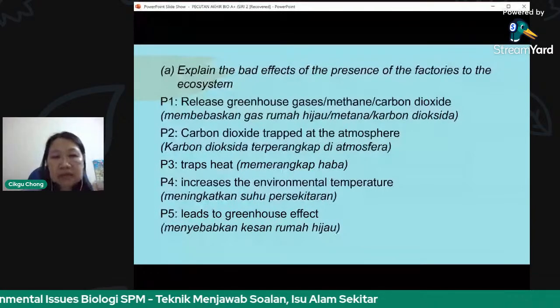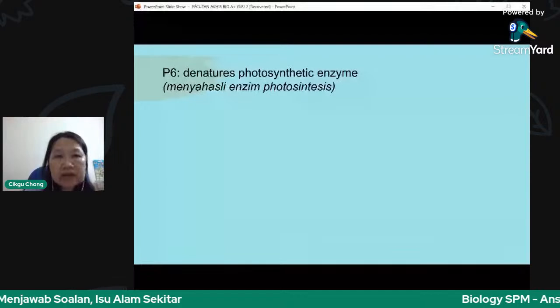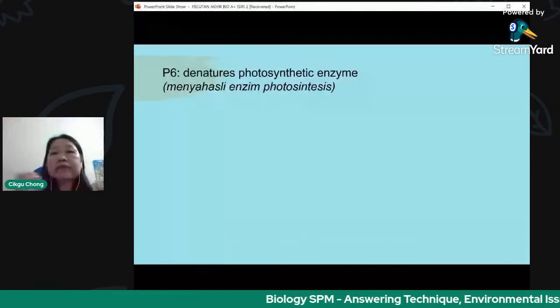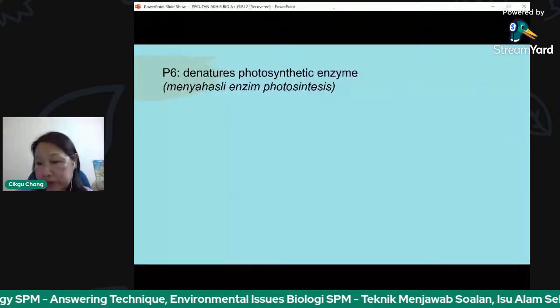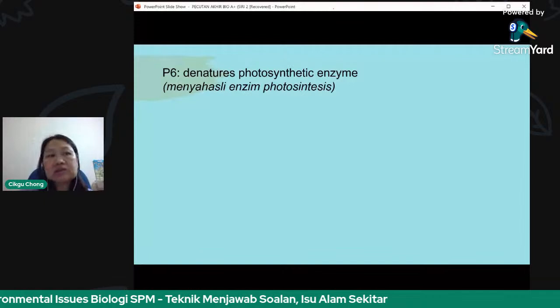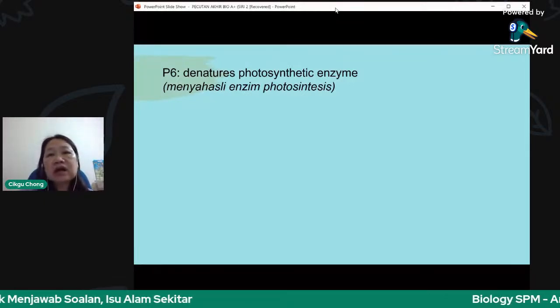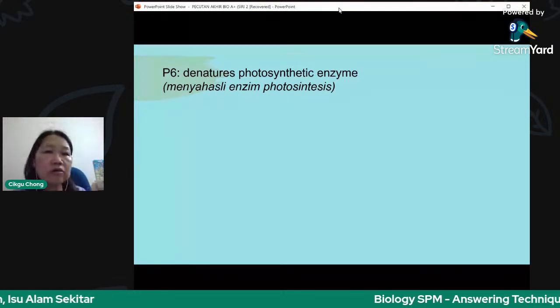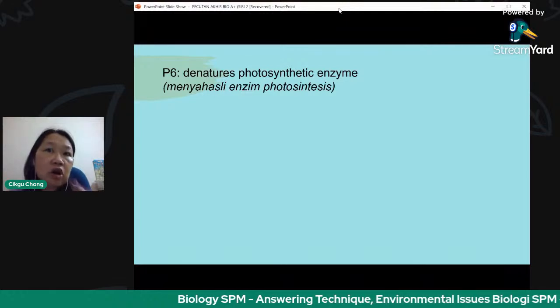Right. Next one. Denatured photosynthetic enzymes. So because of the temperature rise in the environment, your photosynthetic enzymes, the enzymes that help photosynthesis to happen, can also be denatured because of the temperature. The eutrophication, yes, that is also very scientific. But eutrophication, be careful. It's not for poison, not for a factory throwing out toxic chemicals.